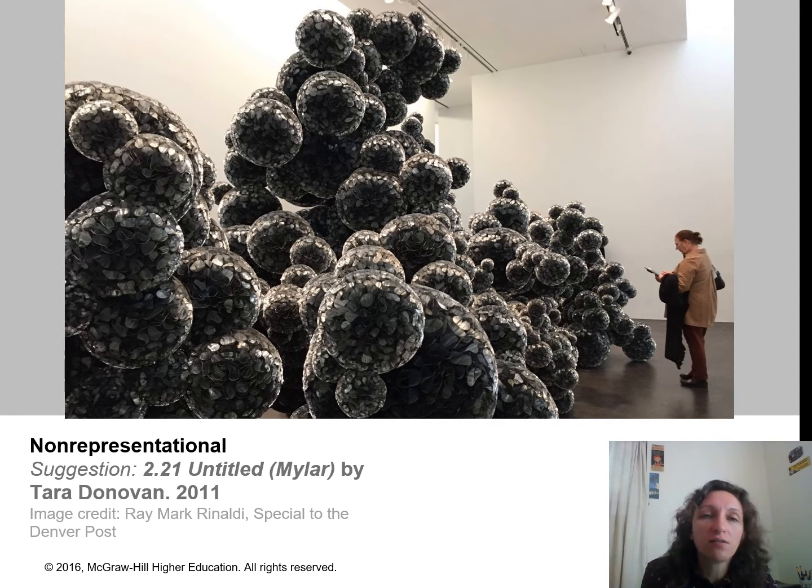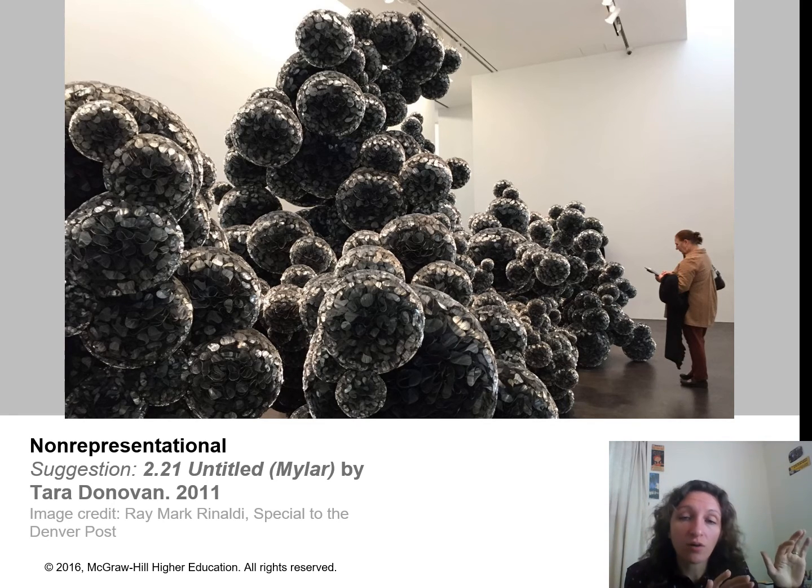So when Tara Donovan went to create this artwork, she is not thinking about pollen or bacteria or growth of some kind of specific thing, right? That's never where the source comes from for these artworks. She makes a lot of artworks using found objects and common objects, with a multitude of them.